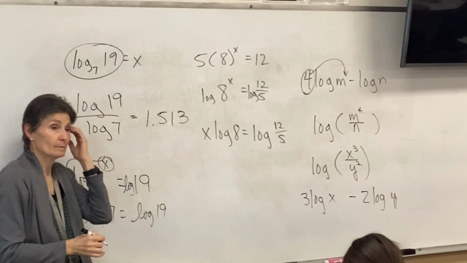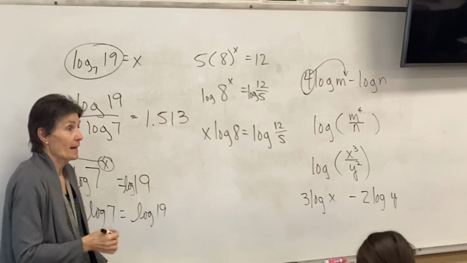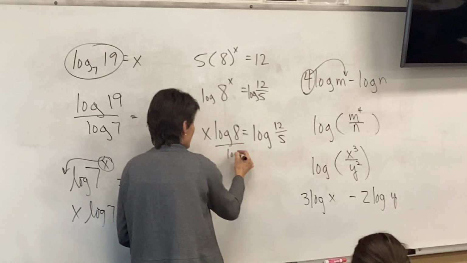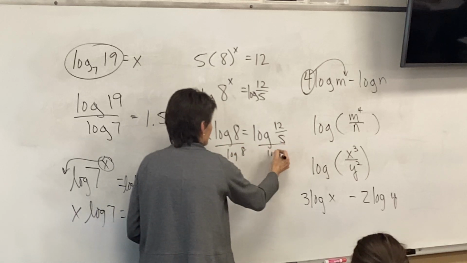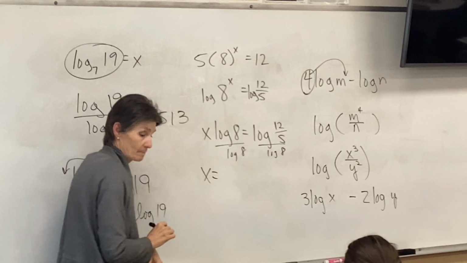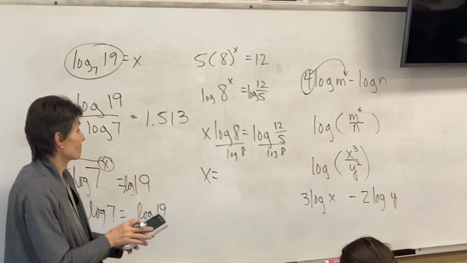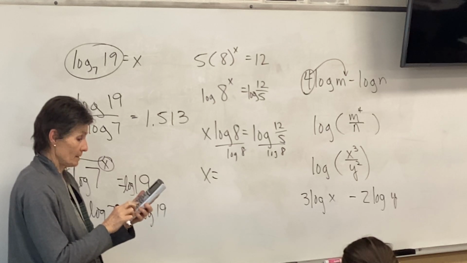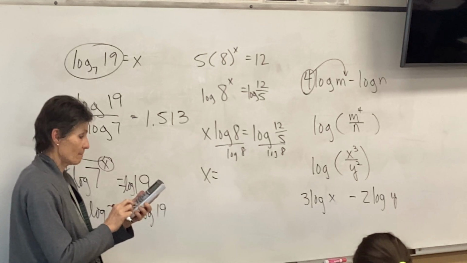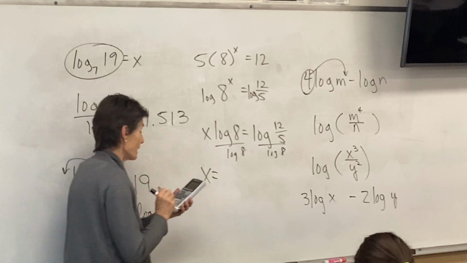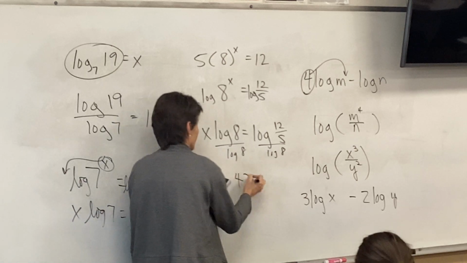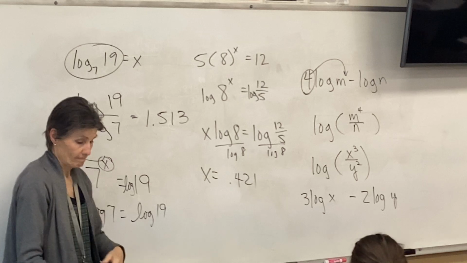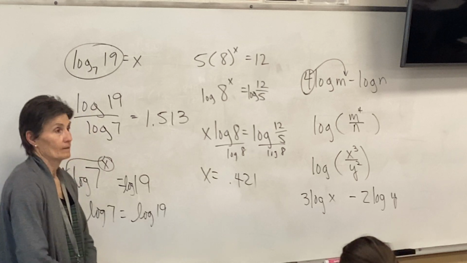Right? And then I can get my answer. I'm trying to get what x is, so I just divide by log 8. Go to my calculator and type it in. Hopefully we all get the same answer. I got 0.421.